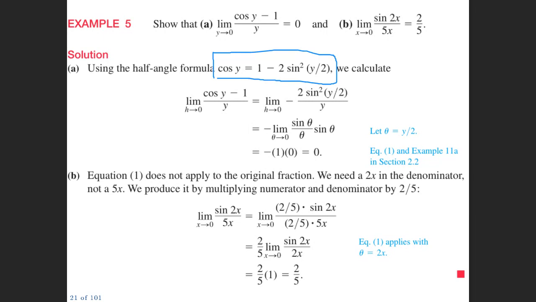So what we have is, there's a typo here, this should be the limit as y tends to 0. We have the limit as y tends to 0 of minus 2 sine squared y over 2, over y.